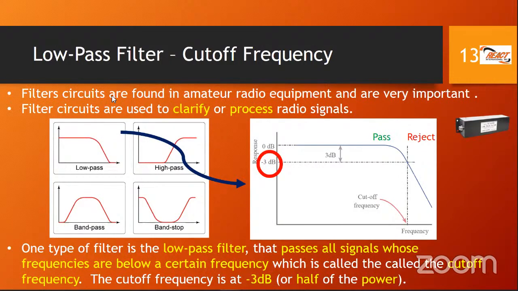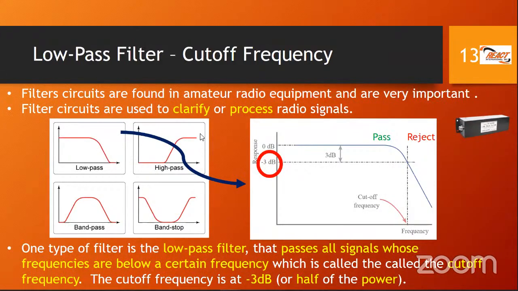If you look at the circuit diagrams, or open up a radio or transceiver, you will see many stages that involve filter circuits. As we come to other circuits in this evening's class, we will see the use of filters for different uses. But one use for filter circuits is to clarify or process radio signals. We can do that with filters.